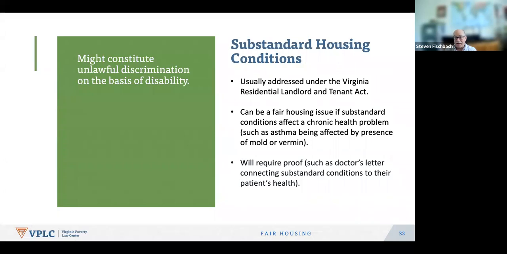And to make out a case, you're going to need to get at least a doctor's letter that connects the substandard housing conditions to their patient's health. Here again, having legal assistance would make a lot of sense as opposed to doing administrative complaints, which we're going to cover in the next part of our presentation.